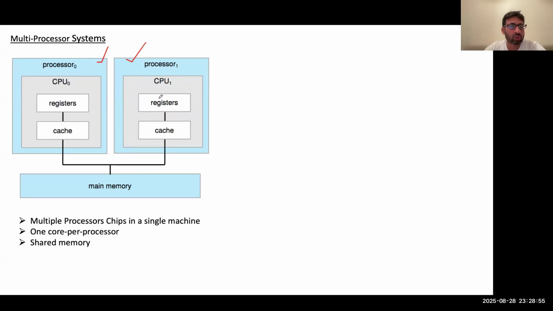And in each of these processors, I have one core. Remember, we talked about the core in the previous slide, where we said that a core is basically a combination of your register file and the execution pipeline. So both of these, CPU 0 and CPU 1, have a single core, right? And then these processors, these CPUs, share the main memory.